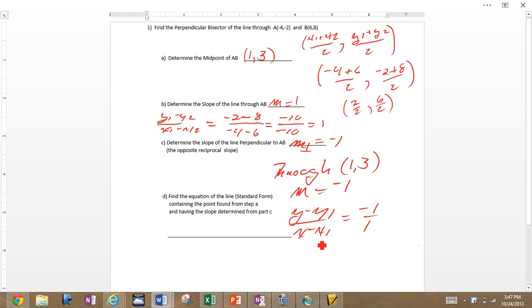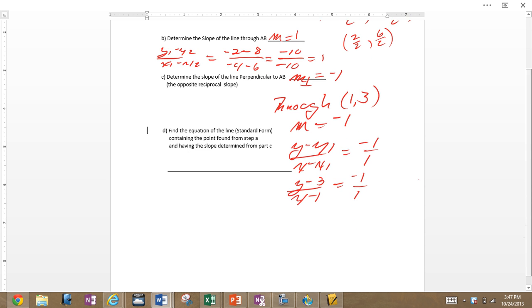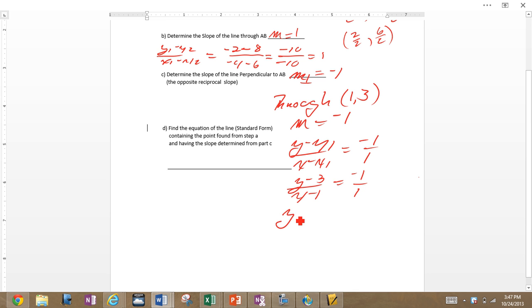Now we put in the values of our midpoint: y minus 3 over x minus 1 equals -1 over 1. When we cross multiply, we get y minus 3 equals -1 times x minus 1. This goes down to y minus 3 equals -x plus 1.